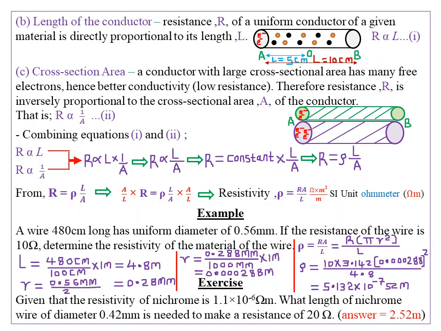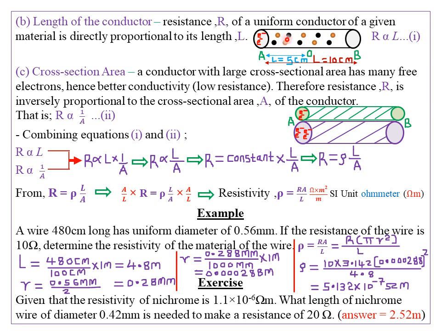We got our next factor, which is the length of the conductor, and we are saying that the resistance R of a uniform conductor of a given material is directly proportional to the length. This simply means that when the length is short, the resistance is also very low.